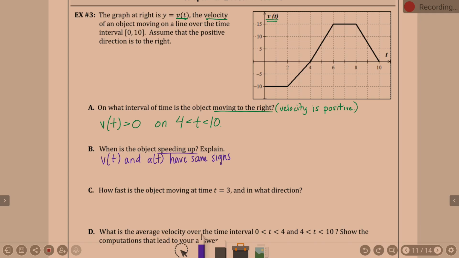So you guys agree there? So I'm going to say on 4 less than t less than 6. And my reasoning is since v of t is greater than 0, which just means v of t is positive, and v prime of t is greater than 0, and that is increasing.